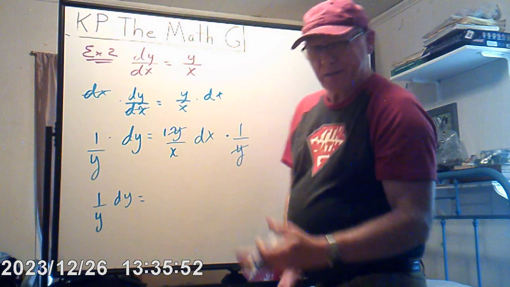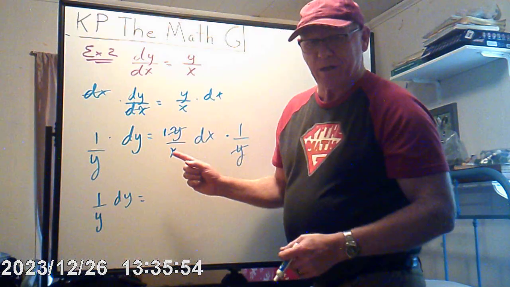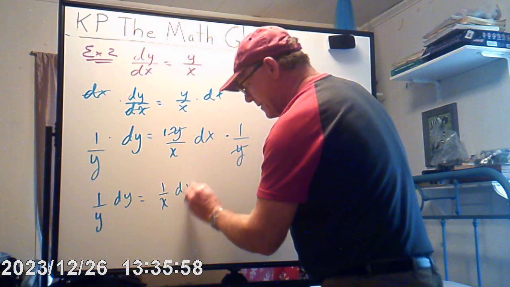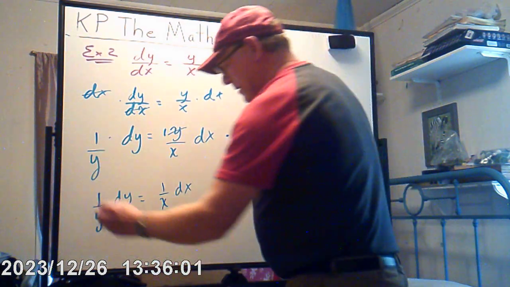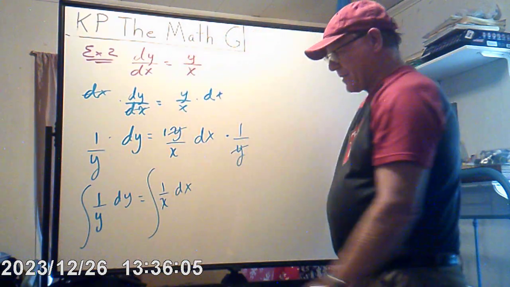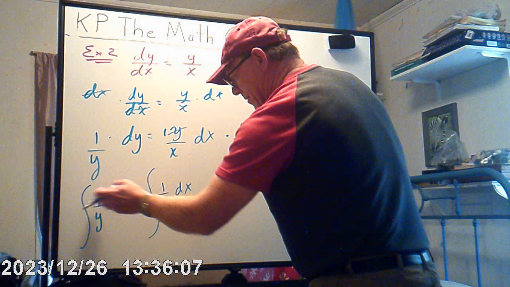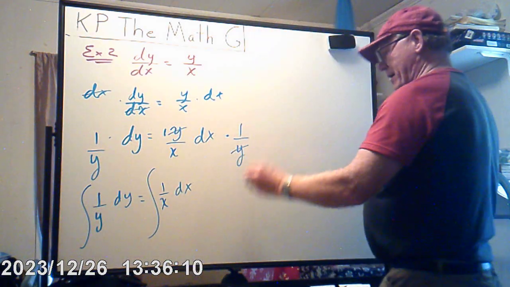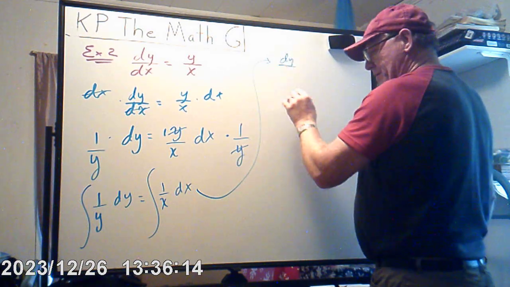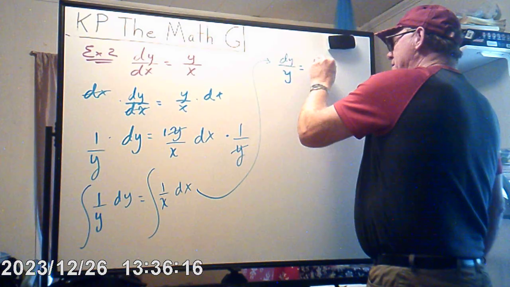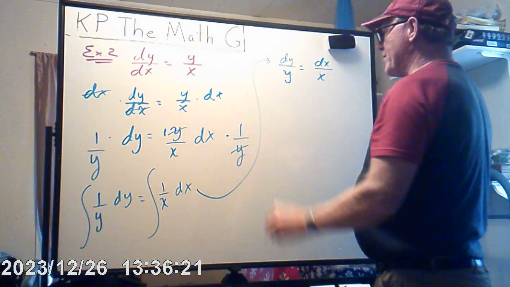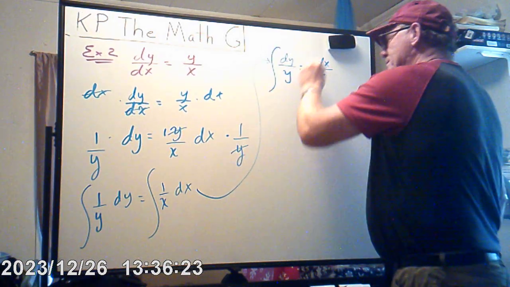You can't just erase it, you have to have something in this numerator. So 1 over x dx. And again, if you notice this is ln. Some people like to multiply the 1 times the dy, and they'll get dy over y is equal to dx over x. That's fine too, but now we can integrate this.